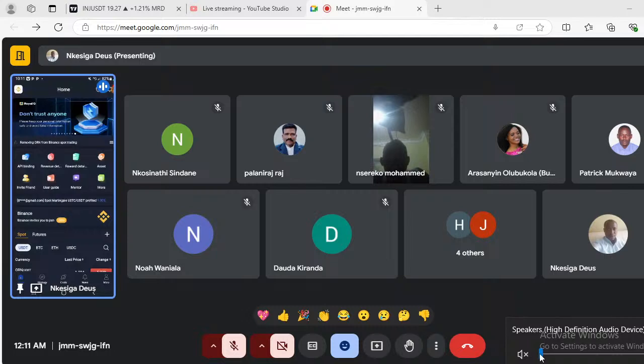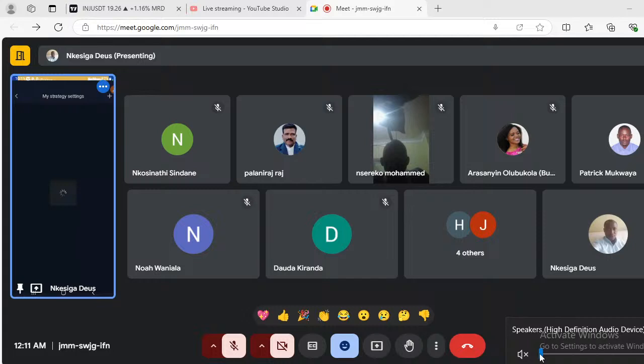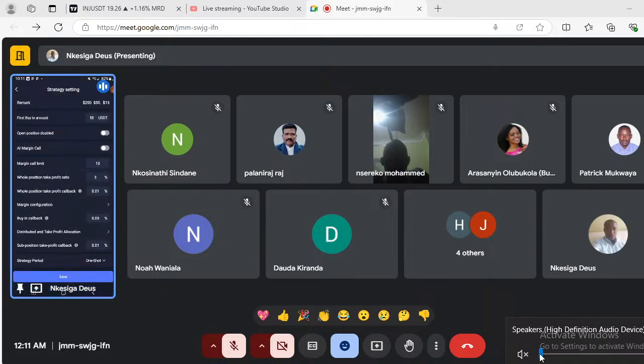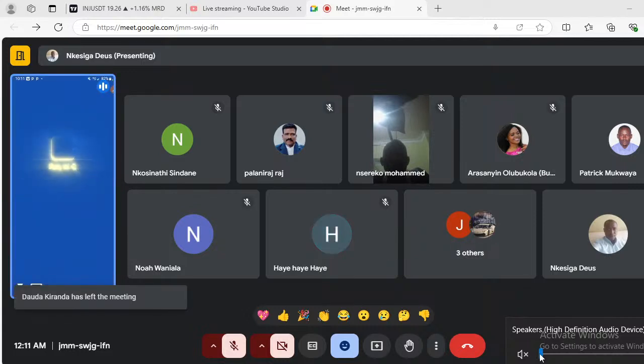Now what we need to understand from here on is warehouse mode, sub-bin mode and real-time settlement. Let me first get any coin here.